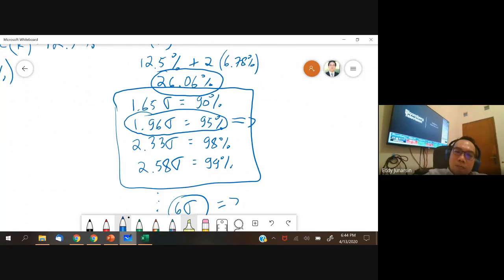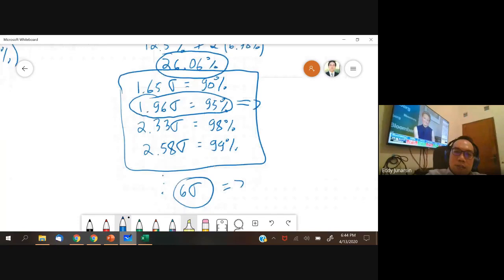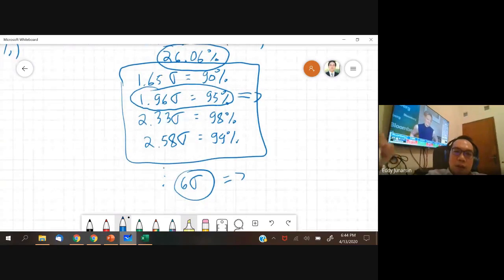However, maybe not every field is interested in the higher coefficient. Of course, in manufacturing, we know we want a higher coefficient to improve or to enhance the quality assurance. Maybe in the health, same thing prevails in the health industry.